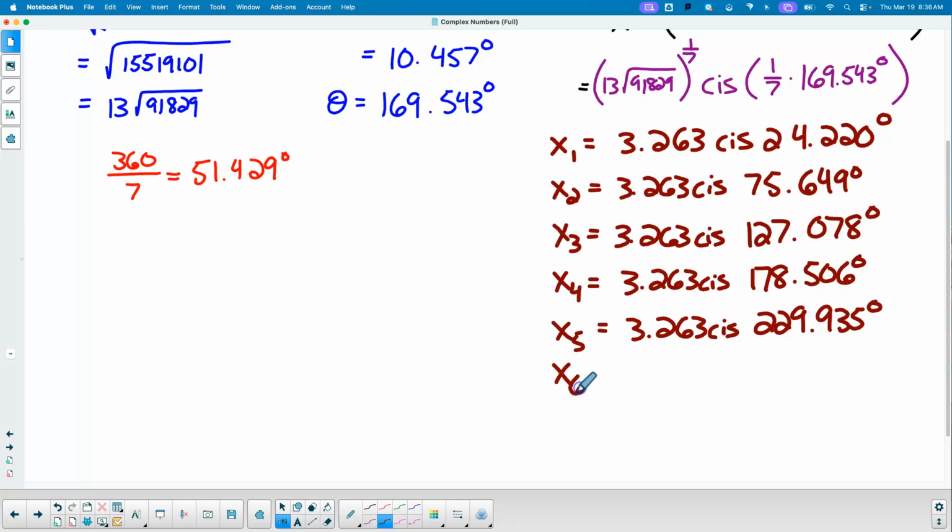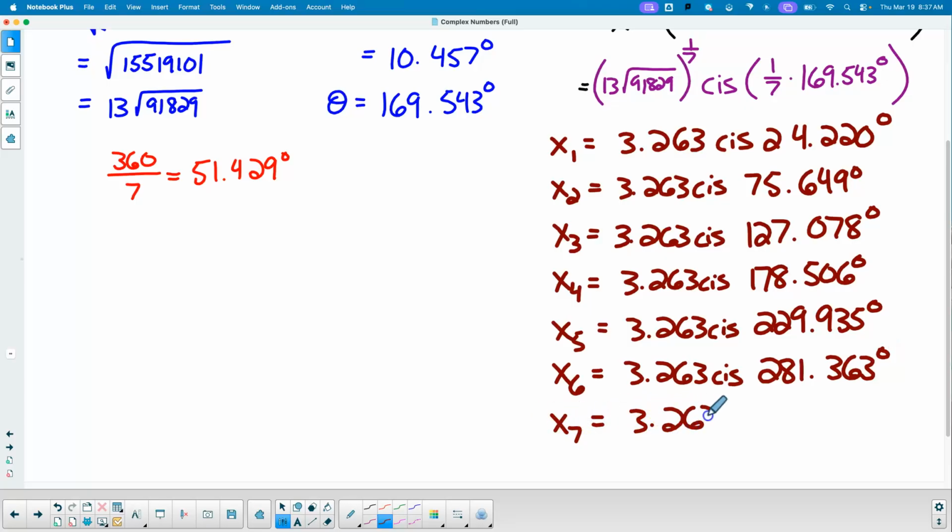My next one is 3.263 cosine i sine of 281.363 degrees. And my last one is 3.263 cosine i sine of 332.792 degrees.